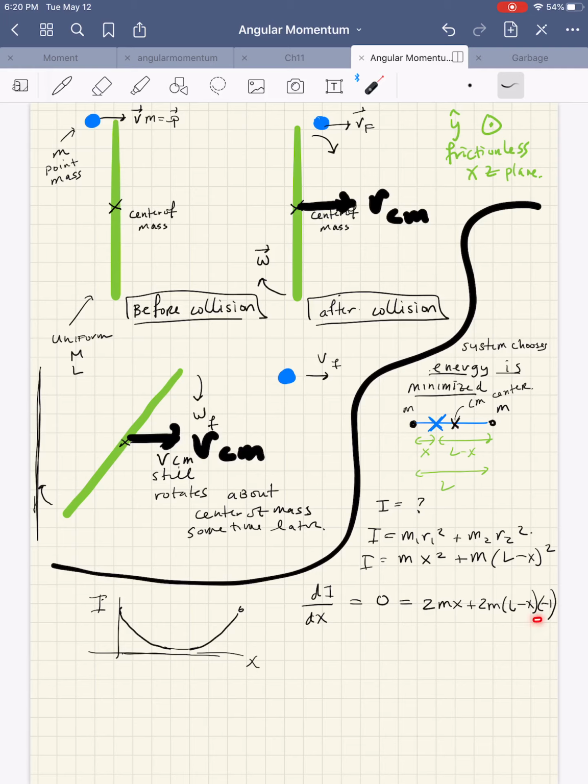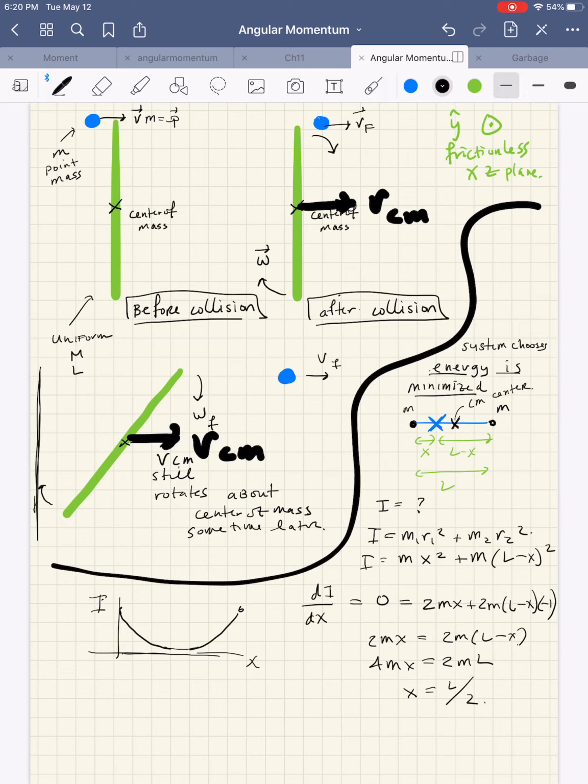So that minus sign allows me to bring that to the other side, and I'll get that this happens when 2mx equals 2m(L minus x), or 4mx is equal to 2mL, or when x is equal to L over 2. So the moment of inertia hits a minimum when x is equal to L over 2, at the center of mass location, L over 2 away in the center.